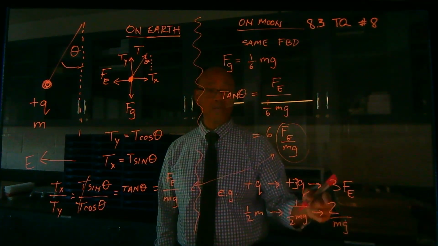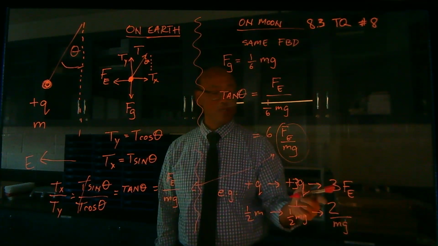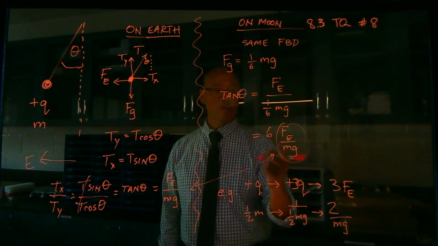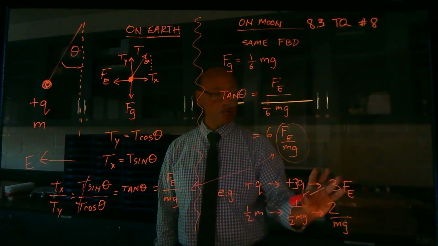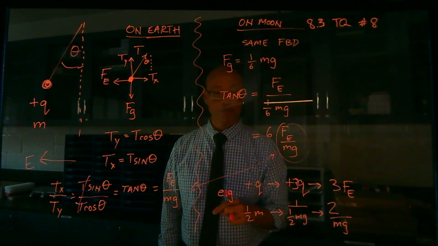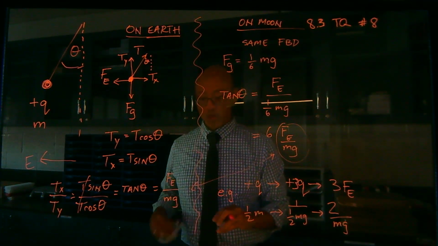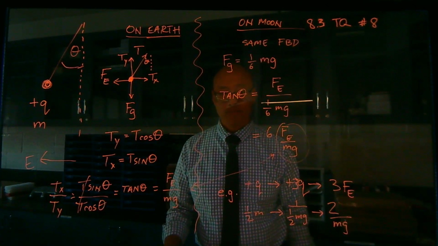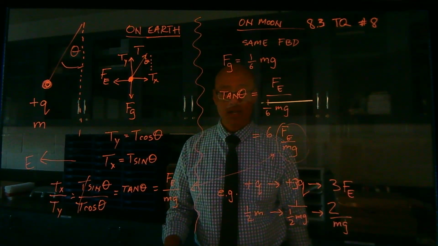So if we do these two things, triple the charge and cut the mass in half, then if we take those values and do the analysis again, it should be 6 times. So that's one way to arrive at the choices.